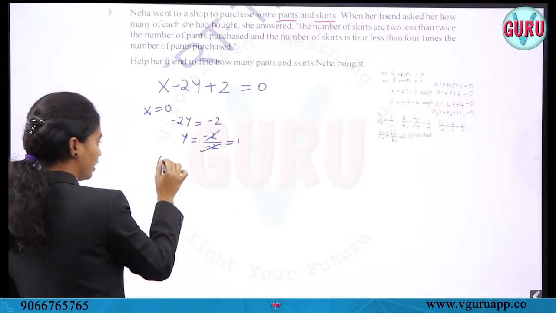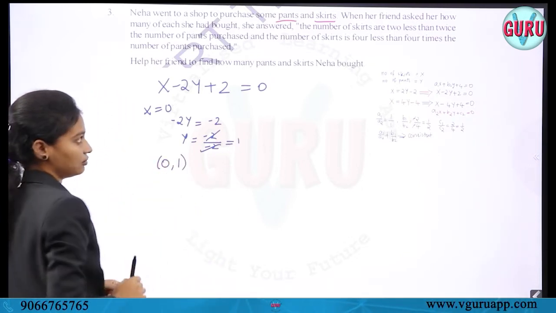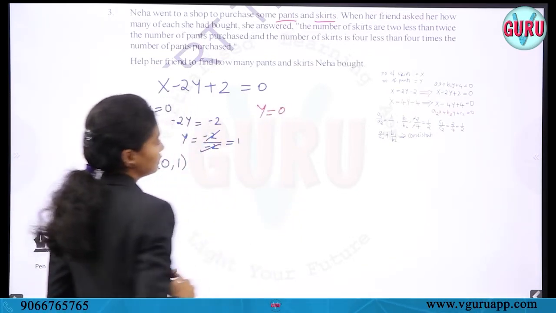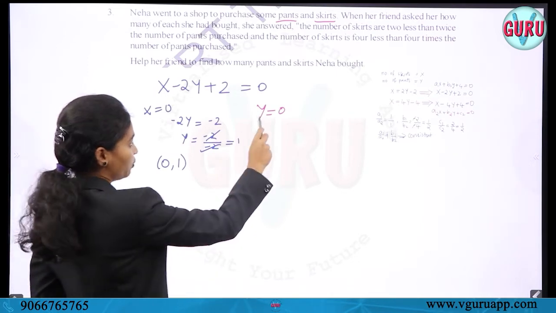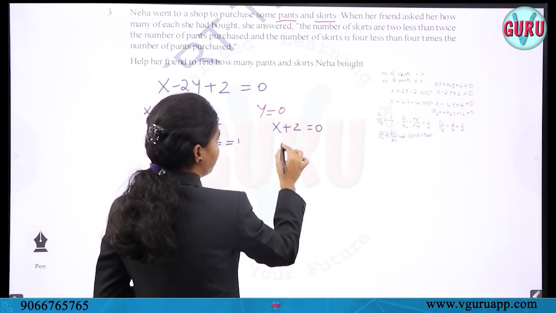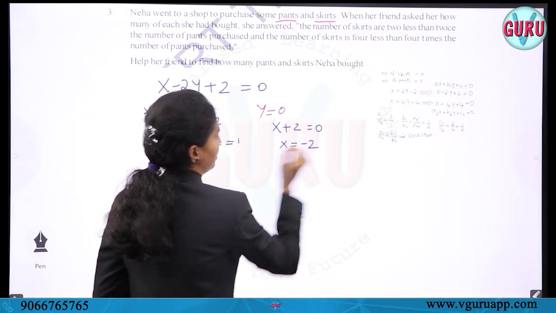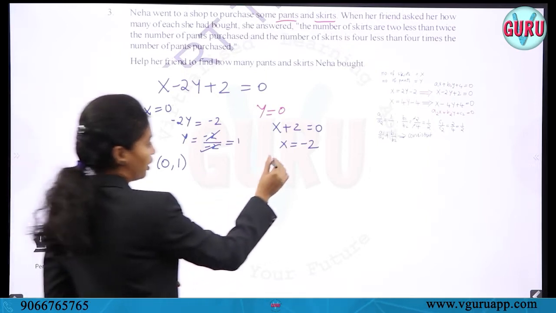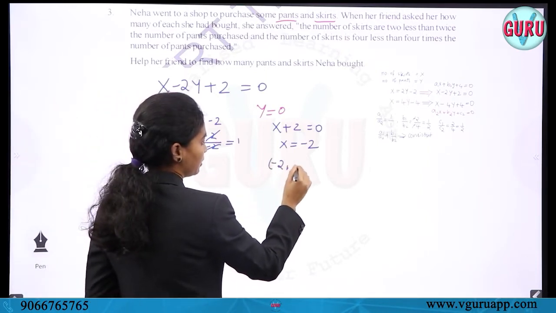That means the point is 0, 1 for the first equation. And we'll find second point. If I put y is equals to 0, I'll get x plus 2 is equals to 0. That means x is equals to minus 2. Now the point is minus 2, 0.